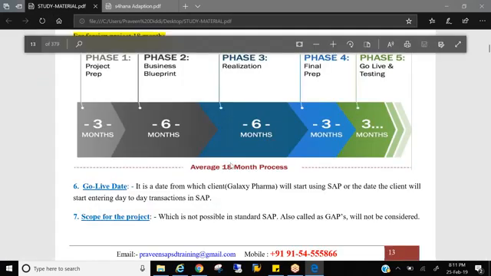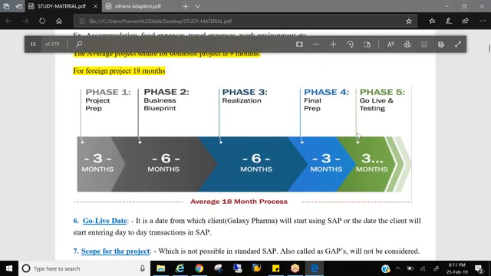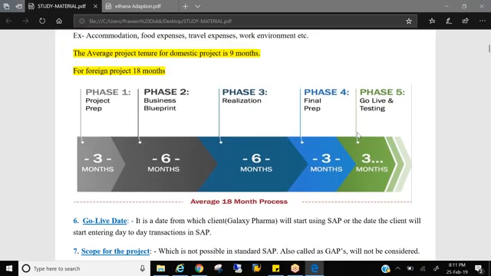That means we configure everything, we do testing, we upload the data, and then we go live. I cannot use one small part of the project, and that's where the drawback is. That means we need to wait all the 18 months to use the product.